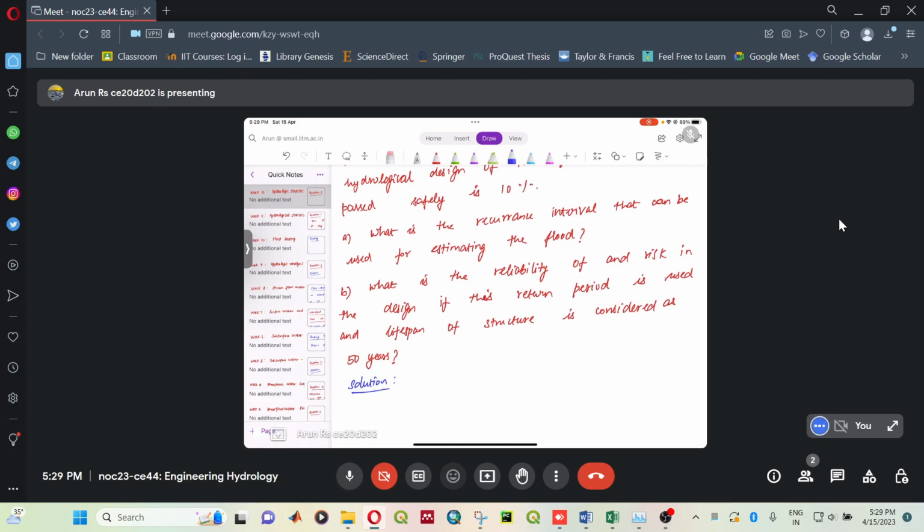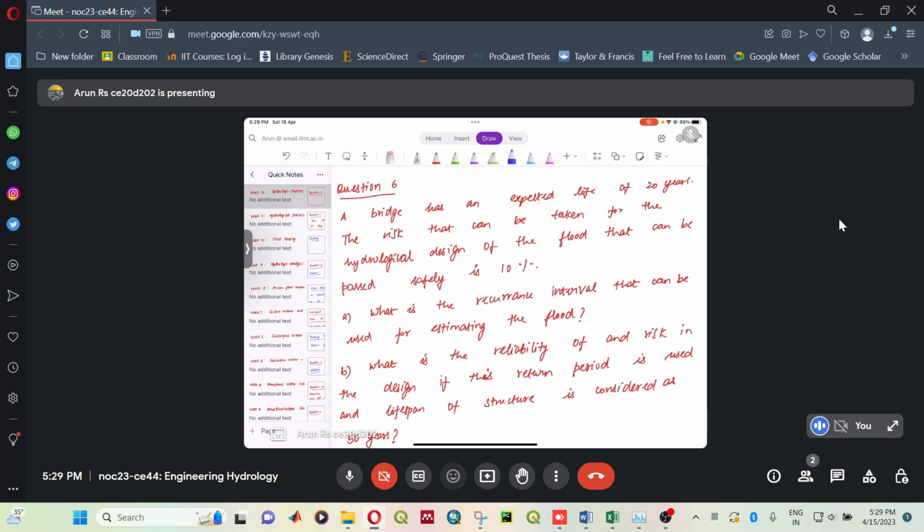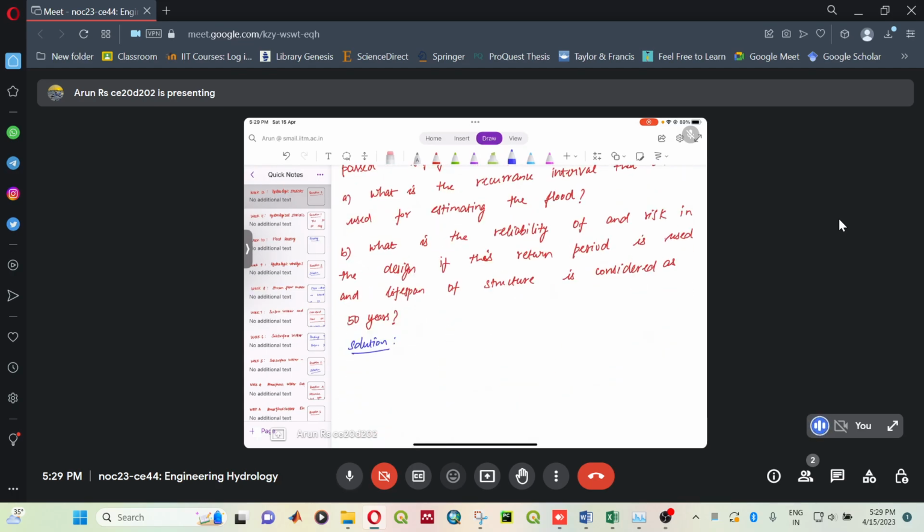We also need to estimate the reliability and the risk in this design if this return period is used and the lifespan of the structure is considered as 50 years. First, the lifespan of the structure is only 20 years. Suppose the lifespan of the structure is 50 years, what is going to be the risk and the reliability of this particular structure for the same recurrence interval?